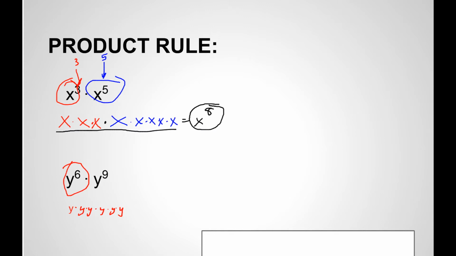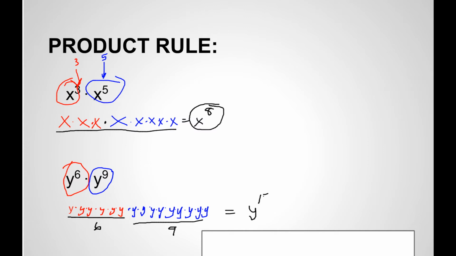And then over here we have y 9 times: y times y, 2, 3, 4, 5, 6, 7, 8, and 9. Essentially all we have to do is count up the number of y's that we have. So we have 6 here, and we have 9 here. And if we do it all together, we end up with y to the 15th power.